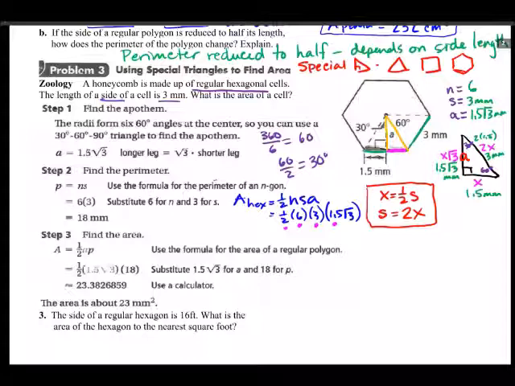And that comes out to be 13.5 square root 3 millimeters squared.